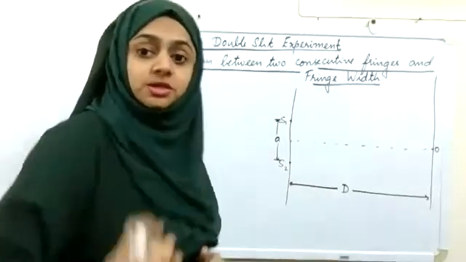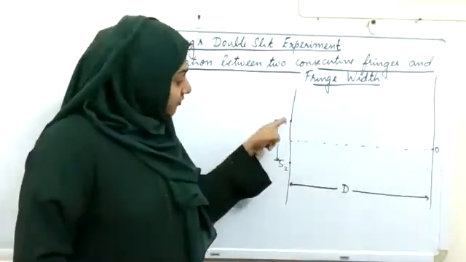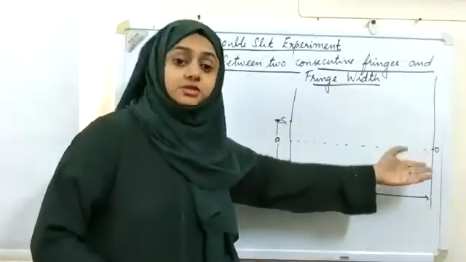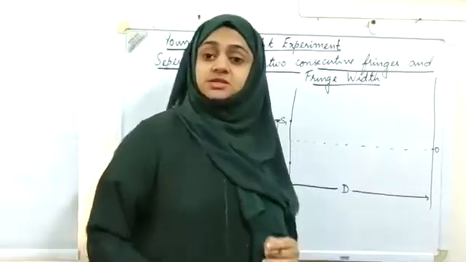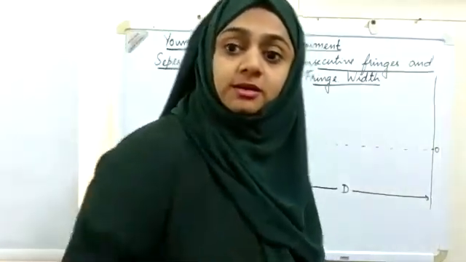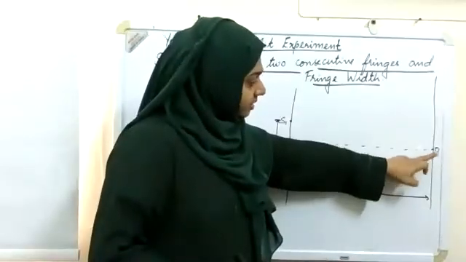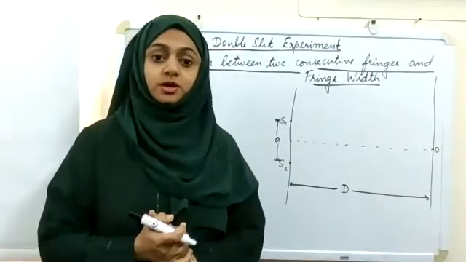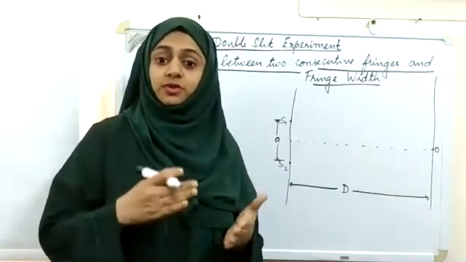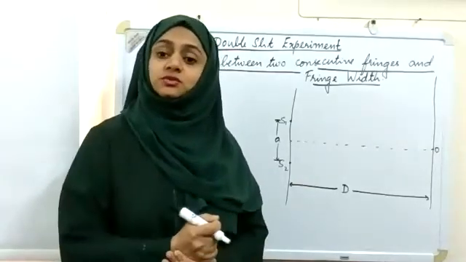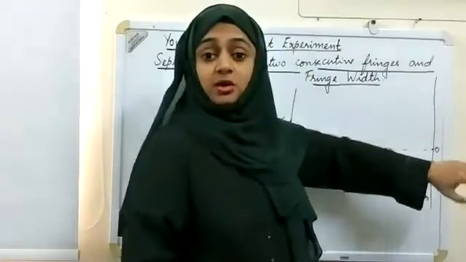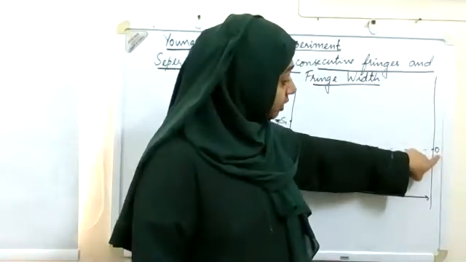Yesterday we discussed that if the light rays come from S1 and S2 and their path difference is 0, when they meet at the center, what type of interference will be there at O? Will it be constructive or destructive? Constructive. It will be constructive interference, and we will get a bright light or maximum intensity at the point O.